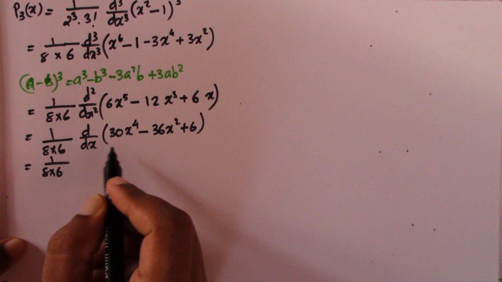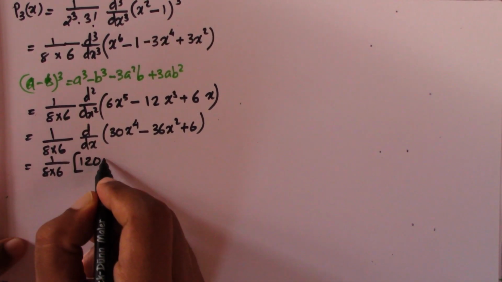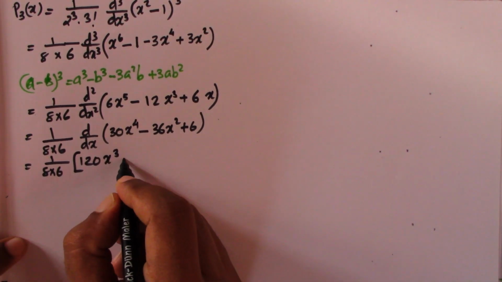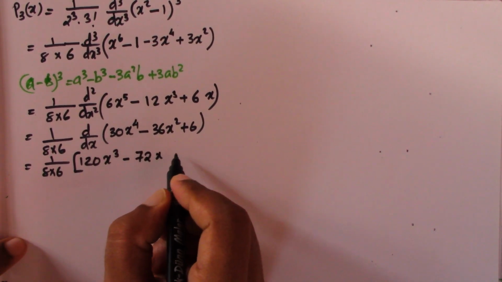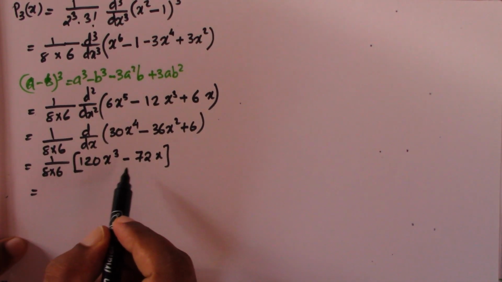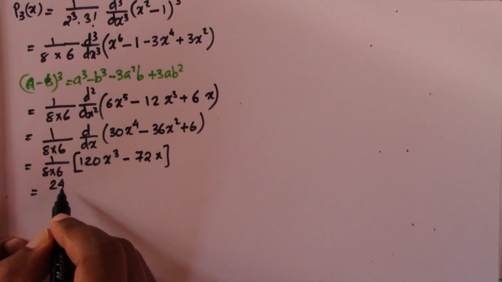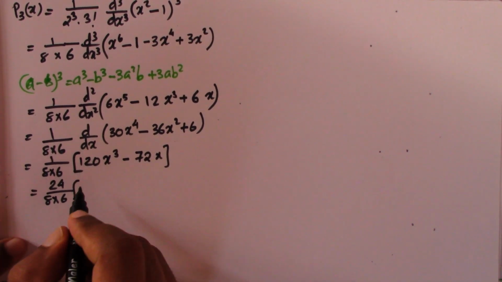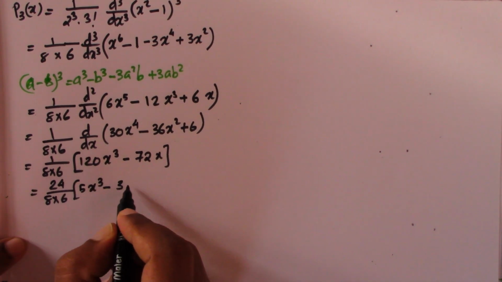the first derivative of what is inside the bracket, that is equal to 120x cube minus 36 into 2, that is 72x plus 0. So that is equal to, 120 and 72 have a common factor, that is 24. So we can take 24 divided by 8 into 6 into (5x cube minus 3x).